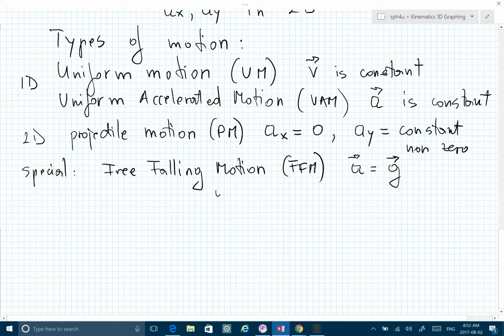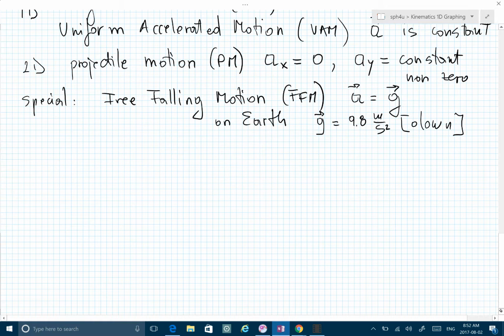So here on Earth, near the surface, obviously, the acceleration is 9.8 meters per second squared down. Of course, you can round it to 10 if you will, as long as you state it in your problem solving. So these are the types of motions.